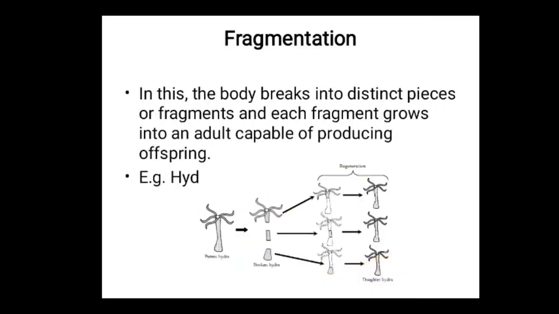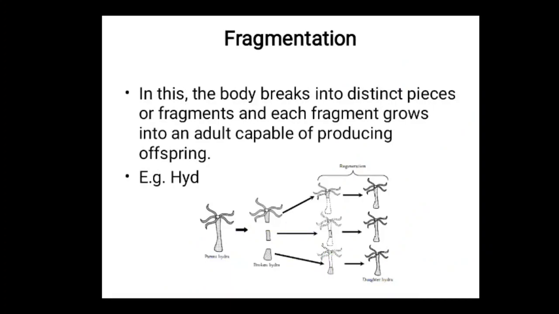Next one is fragmentation. In case of fragmentation, you can see in the image, if you cut any part of the hydra, it can transform into a new individual hydra. Because of this fragmentation process, it is known as an immortal organism.